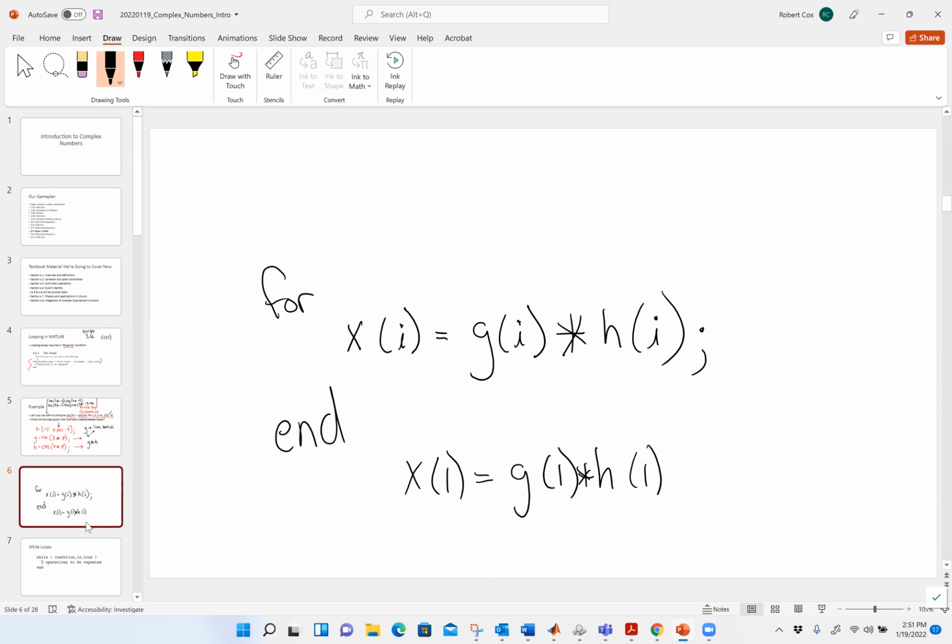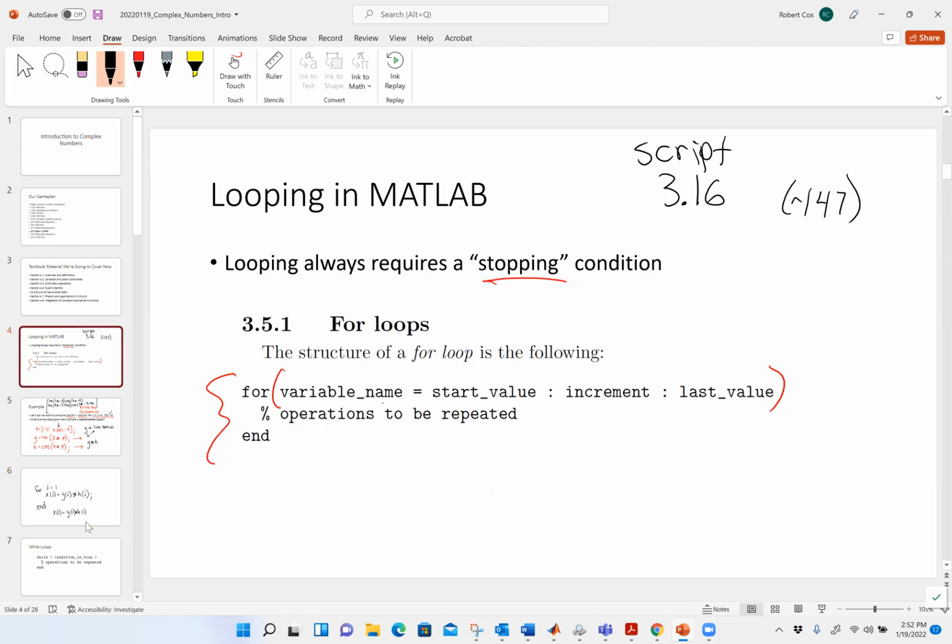I. Yeah, I is my index. So I would say for I equal to, I'm going to say from 1, because in Matlab all of our vectors start with entry number 1, not like C where they start at 0. In Matlab, they start at entry number 1. So starting at 1, and then it says my increment value to my last value.